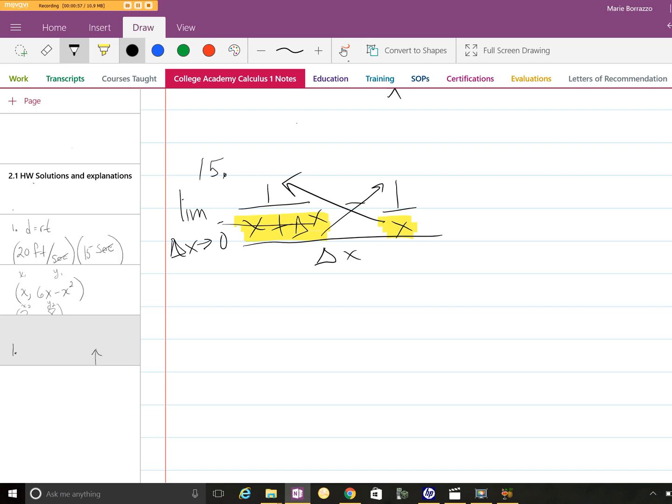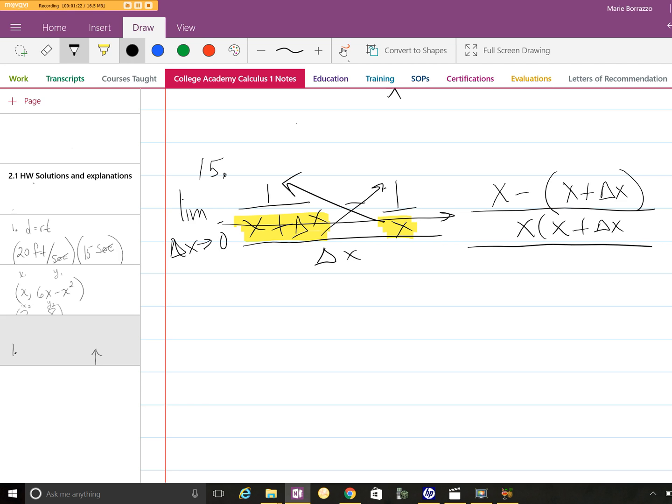I'm going to multiply these straight across. So this is going to give me x minus, notice the parentheses, this is for this part of the equation, x plus the change in x. All of this is over the product of this, which is x parentheses x plus the change in x.